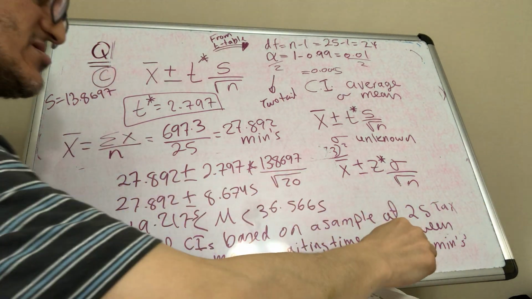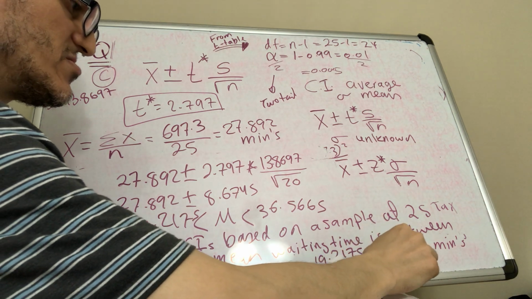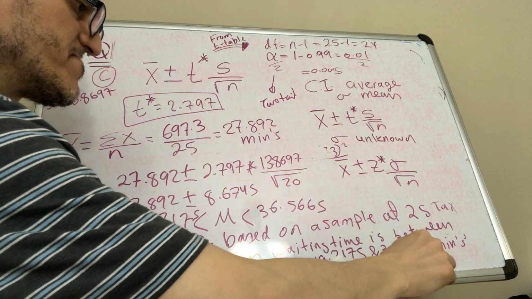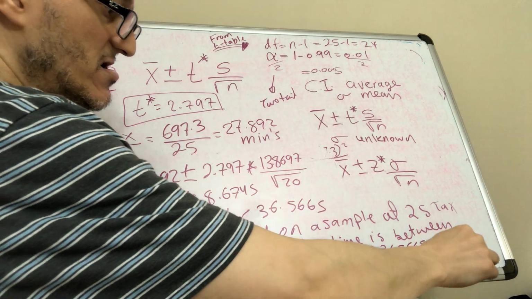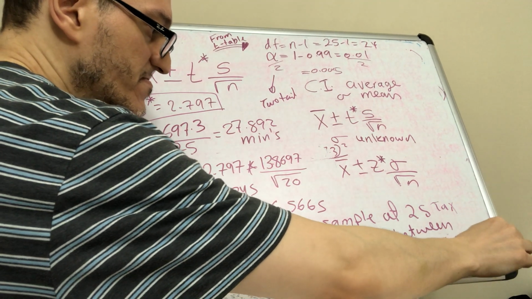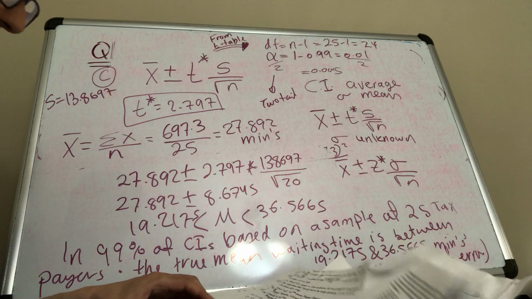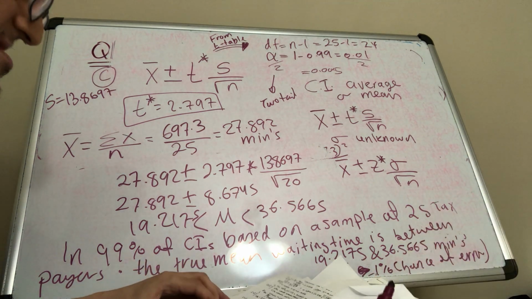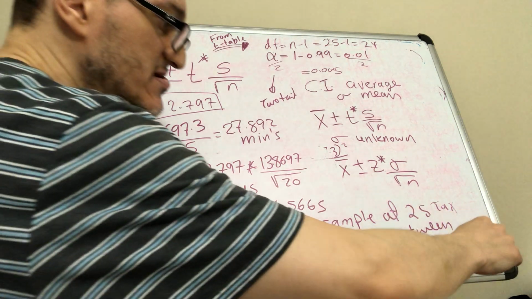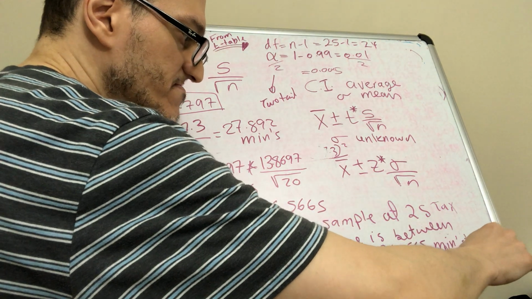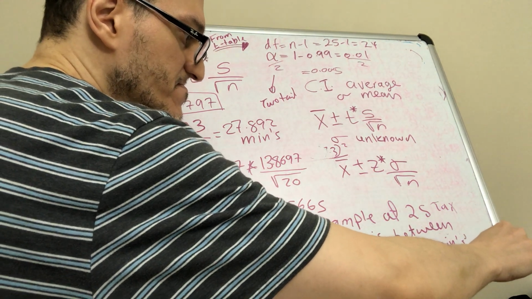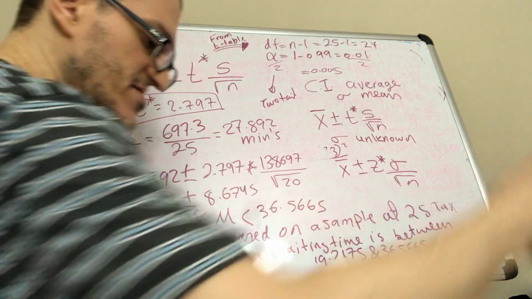We're 99% confident, so there's 1% chance of error. Good? Or 1% chance of being wrong. Same thing. Okay.